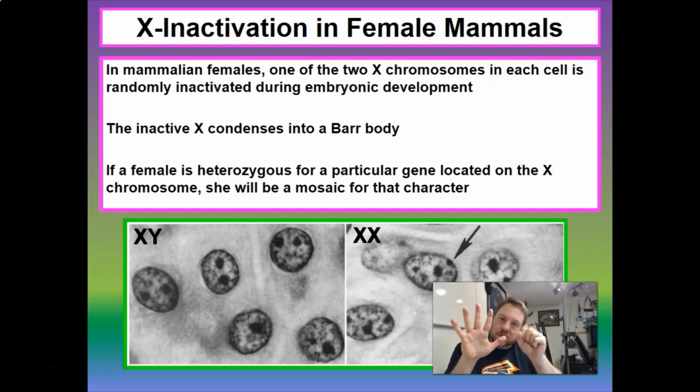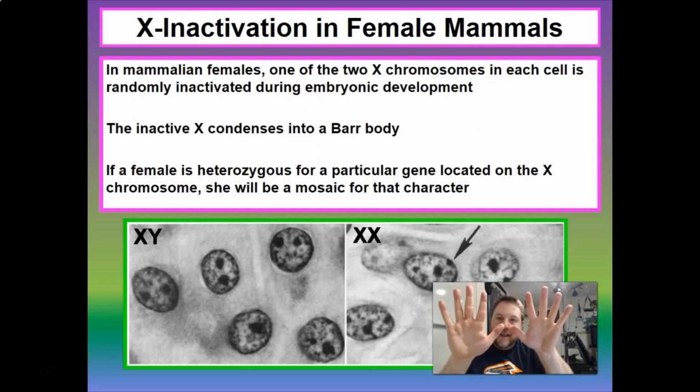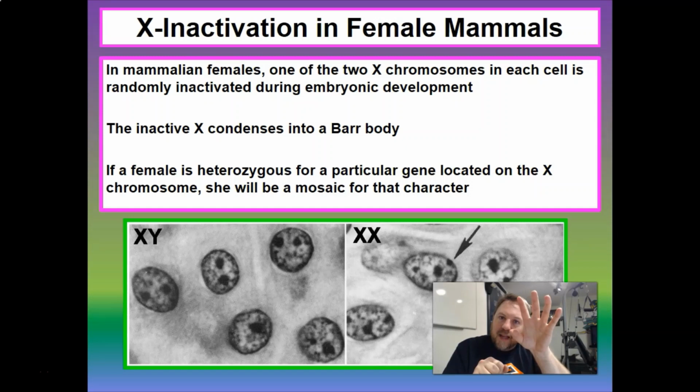Okay, so this is when a girl turns off an X. And it's interesting because think about it. If a girl is a carrier, and let's say, for color blindness, big C, little c, if she turned off the X that had the good gene on it, all the cells that are made with this X being active are going to have misshaped cones.